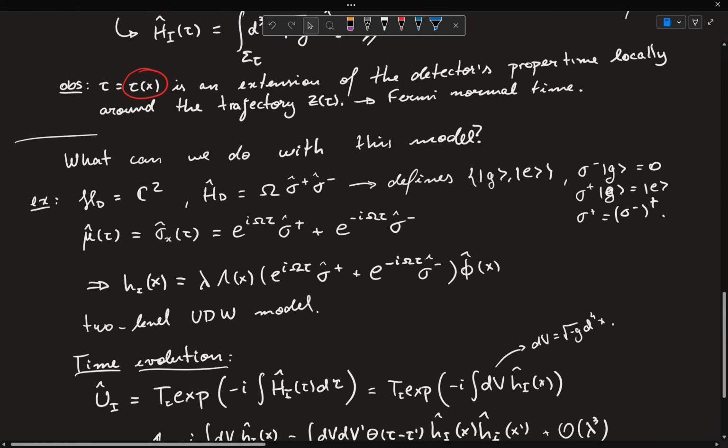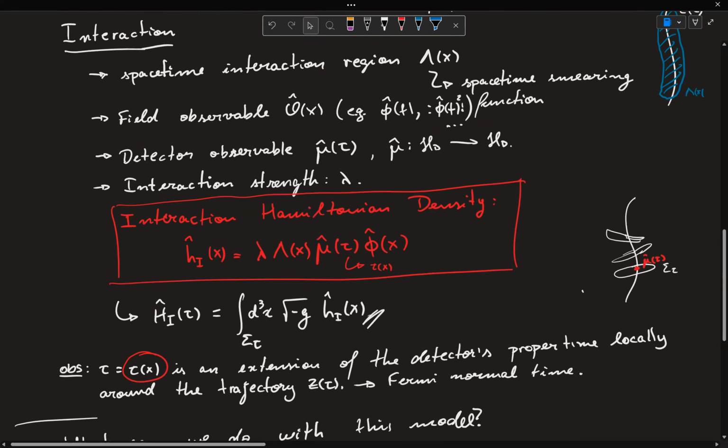It's here, capital H_I. This root minus g is what you want, which is the gamma factor times the root of g sigma, the induced metric. But if you use this notation with the d tau, which is the Fermi normal coordinate time, then you actually get it to match.